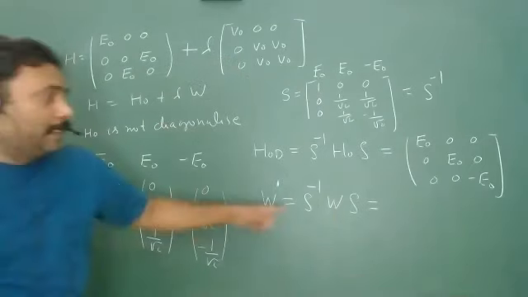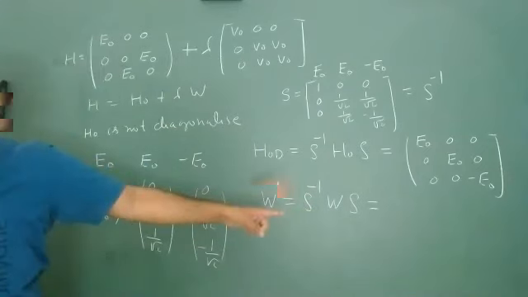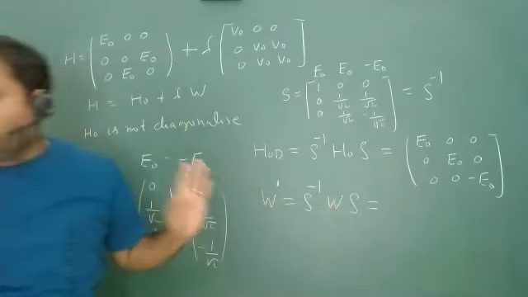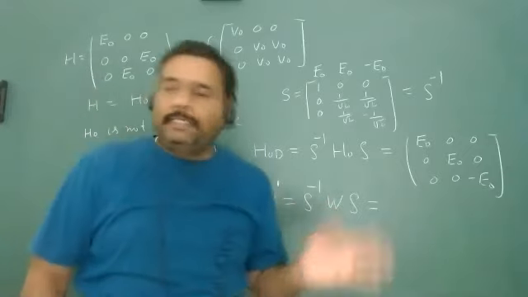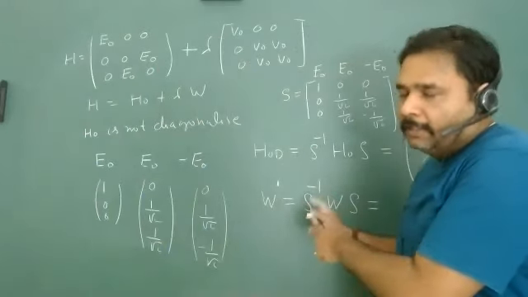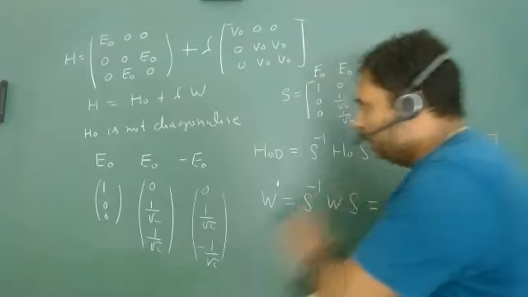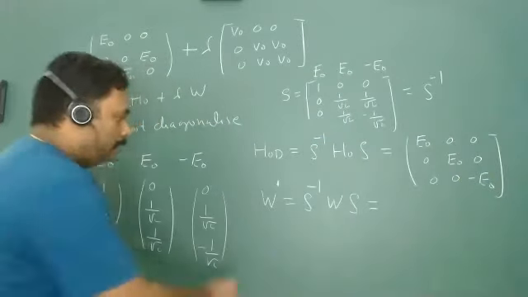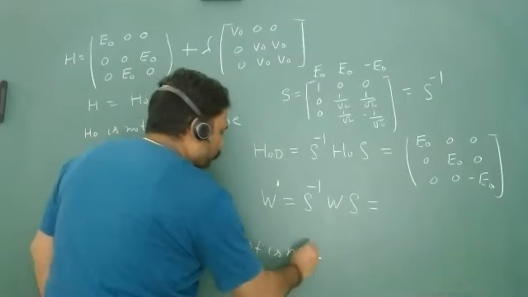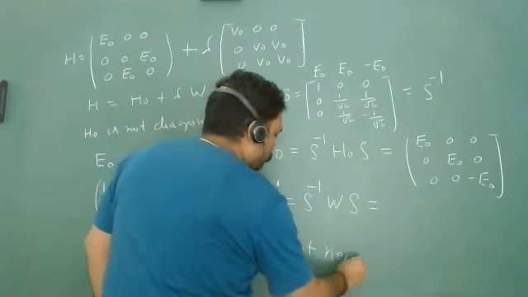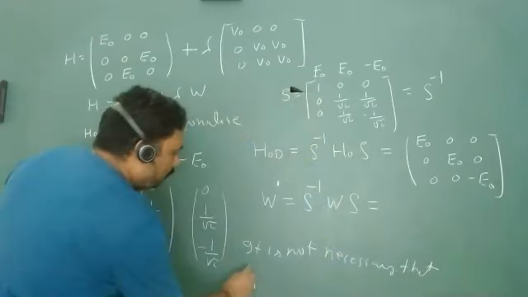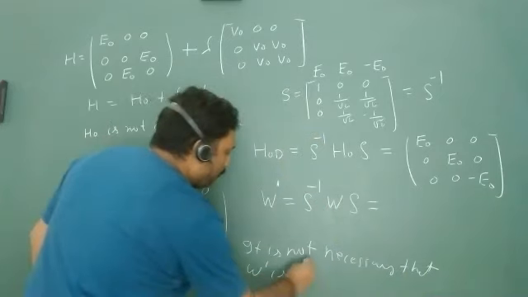You cannot guess here. You have to calculate here, because it is not necessary that W dash will be diagonalized. It may be diagonalized, it may not be diagonalized. So you have to calculate it. This is very interesting. It is not necessary that W dash is diagonalized.